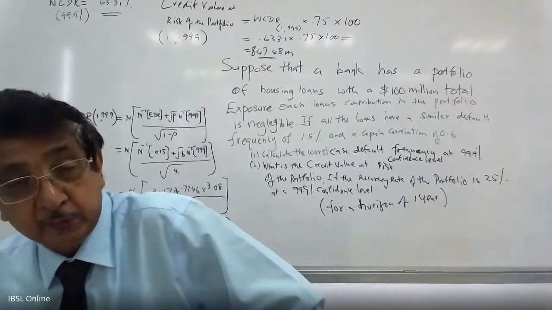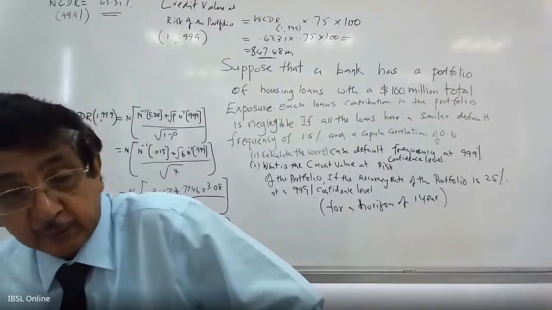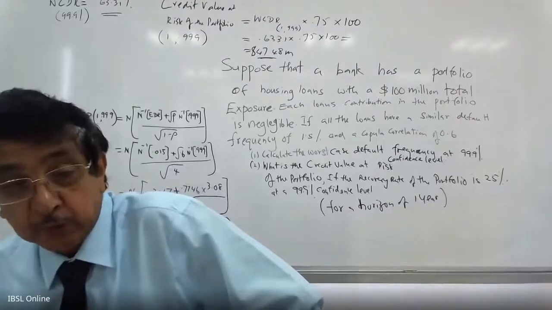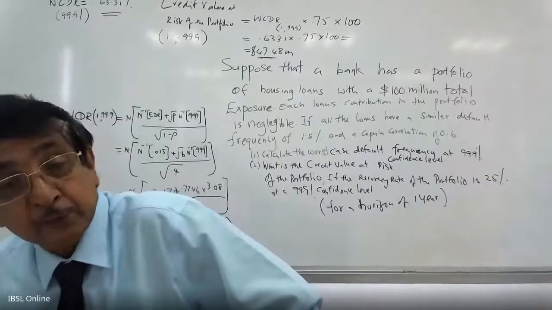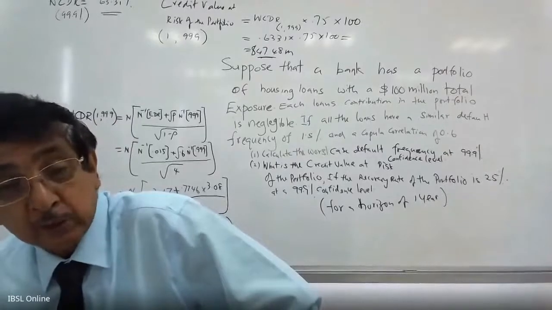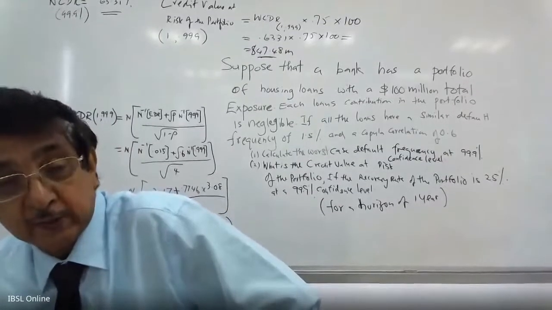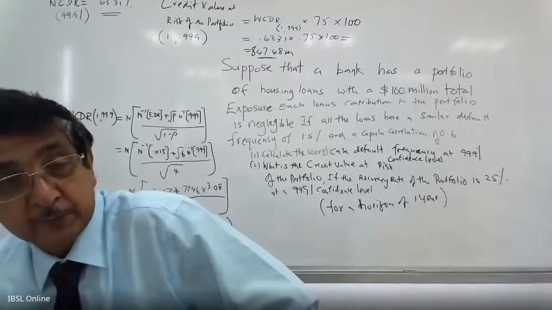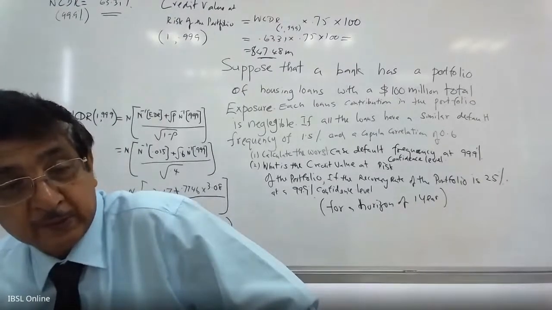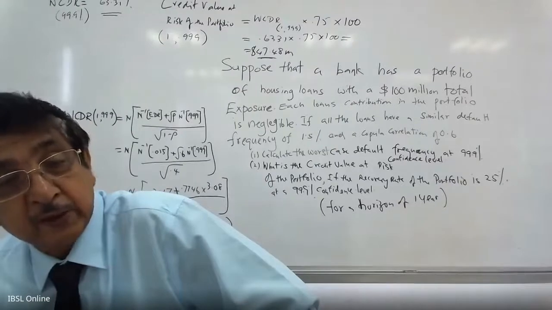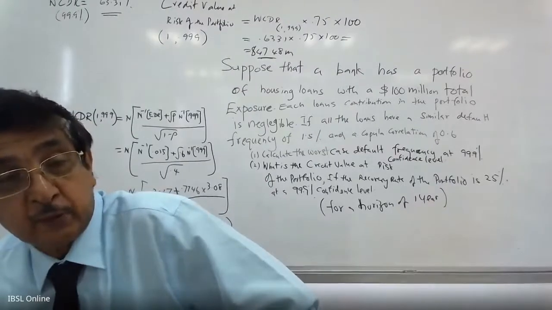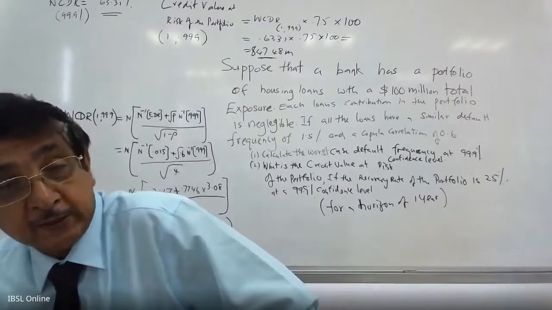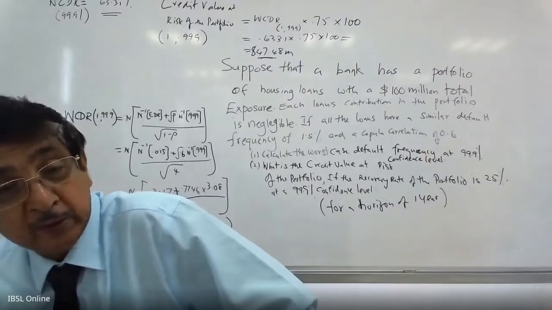And what do you mean by value at risk? It is the maximum loss you have at a confidence level for a given horizon. In this particular instance, the horizon is taken as 1 year. So for a 1 year horizon, at a 99.9 confidence level, the probability of default will be 63.31.